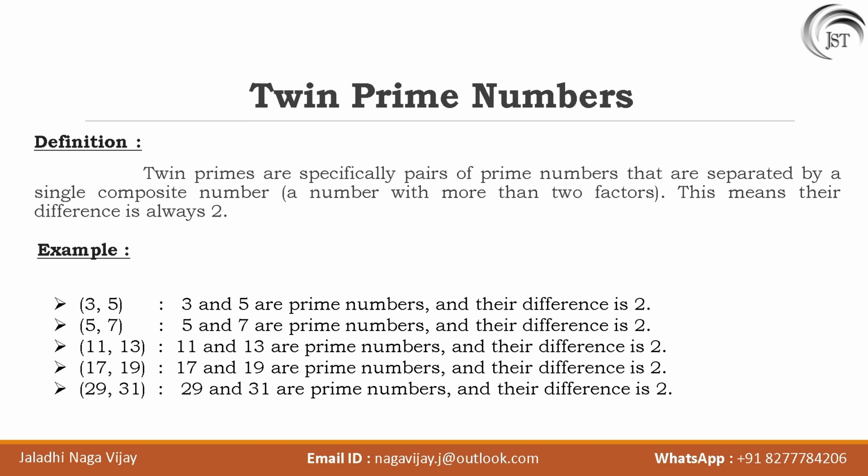So twin prime numbers are a pair of prime numbers. How do we identify them? In between two prime numbers, one composite number is there. One composite number means more than two factors are available. That is a composite number. This means the difference between them is always two. This is a twin prime number.